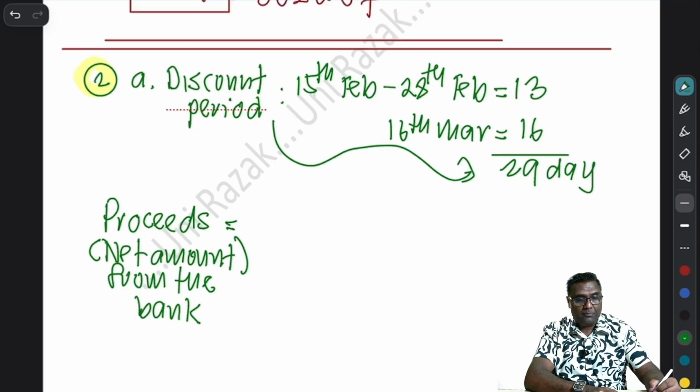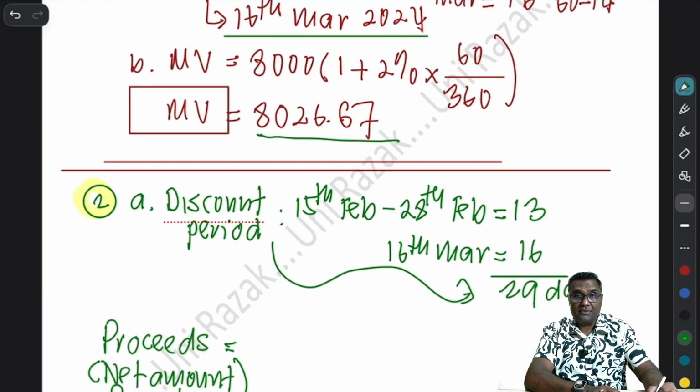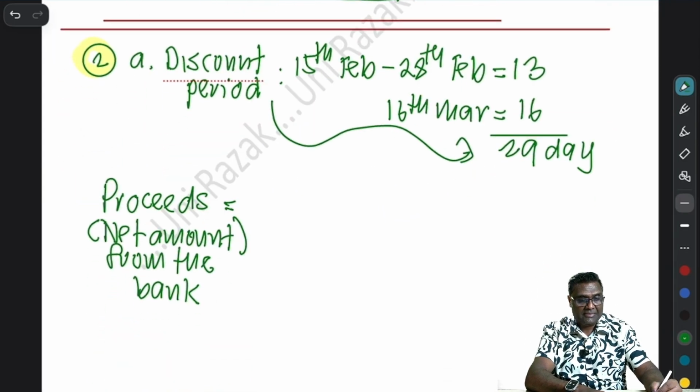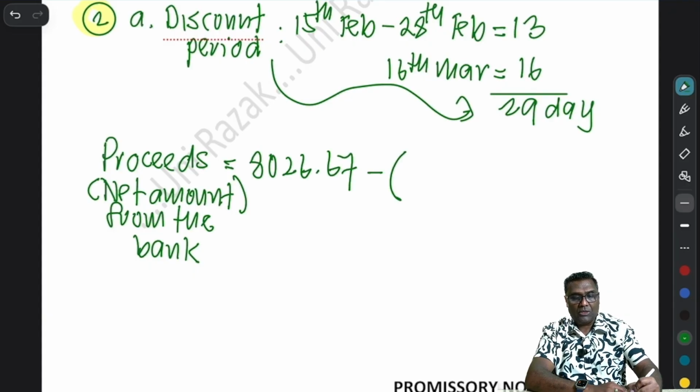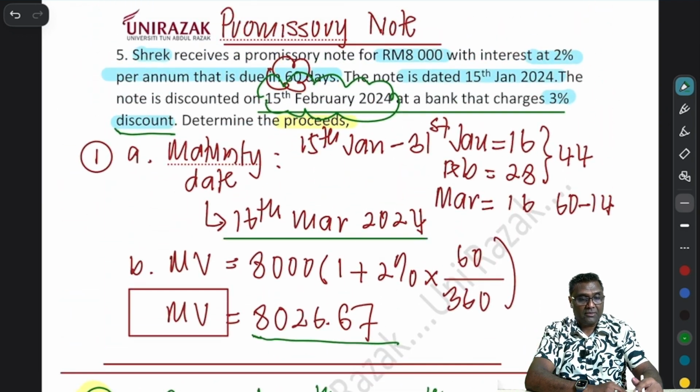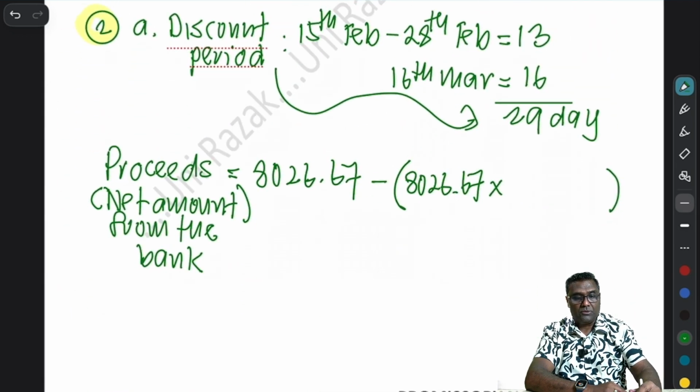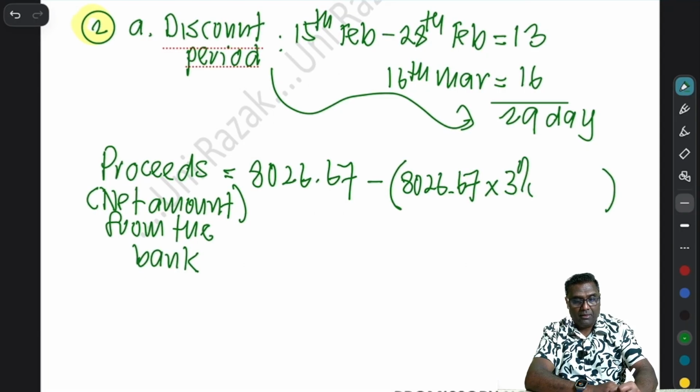I'm going to take the maturity amount, which is 8026.67, and minus off the bank discount. The bank is charging 3% interest for 29 days.